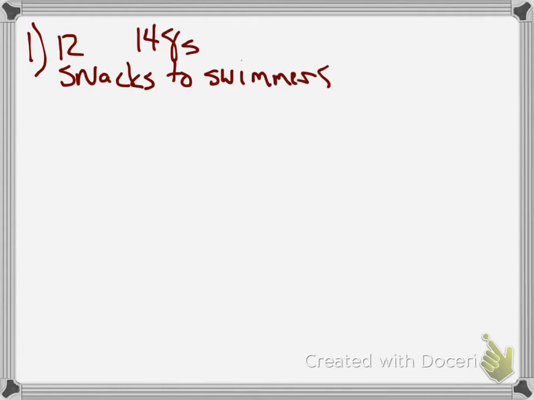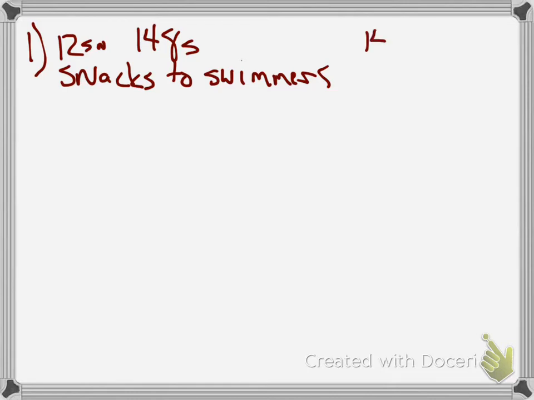Look, on number 1, all you got to do is make sure you're reading carefully. And you see there it says 12 students about to attend a swimming camp for a week. They have brought 148 snacks. You see those two numbers, and you just need to know. Then the question says, what is the ratio of package of snacks to swimmers? Okay, so again, you got to make sure you realize the 148 is the snacks, 12 is the swimmers, and that snacks to swimmers means I want it in that order.